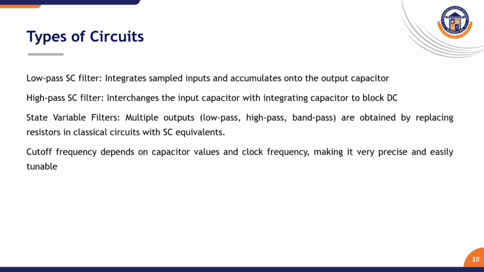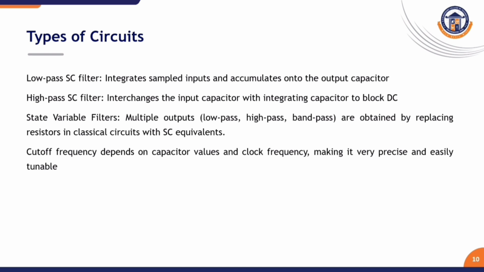Next, the types of SC filters. SC filters can be used in different areas, like low pass SC filters, which integrate the sampled inputs and accumulate to the output capacitor. The high pass filters interchange the input capacitor with integrating capacitors to block DC.